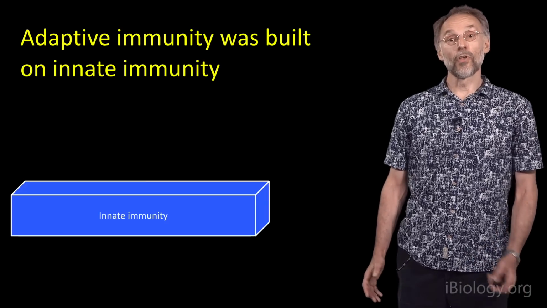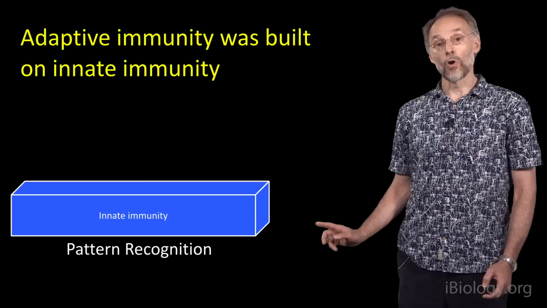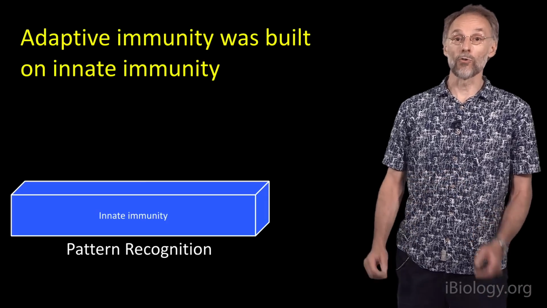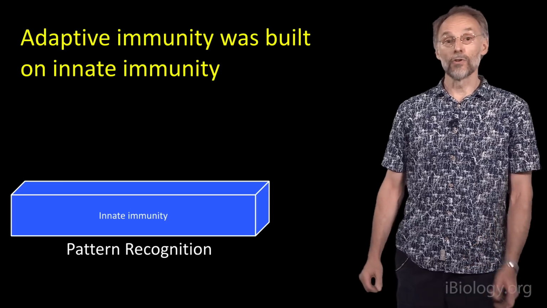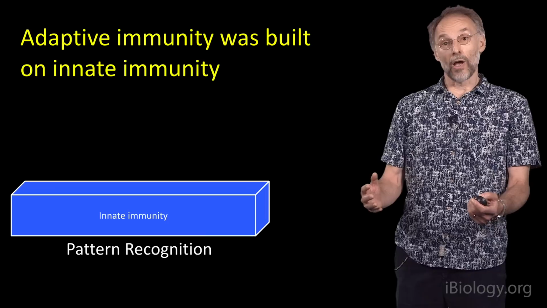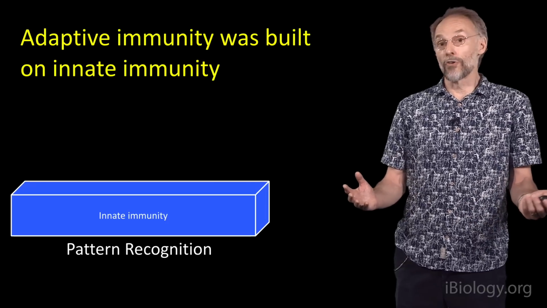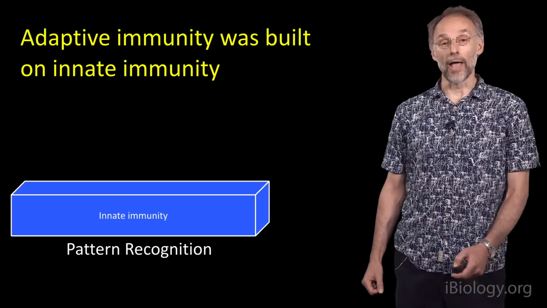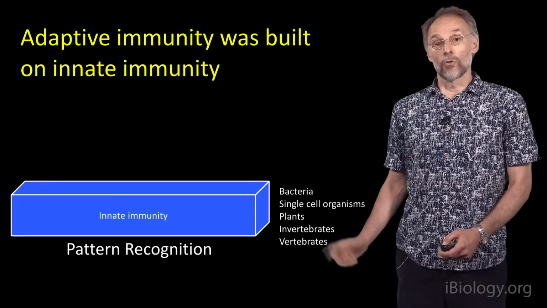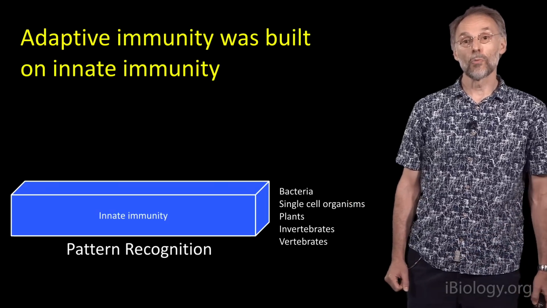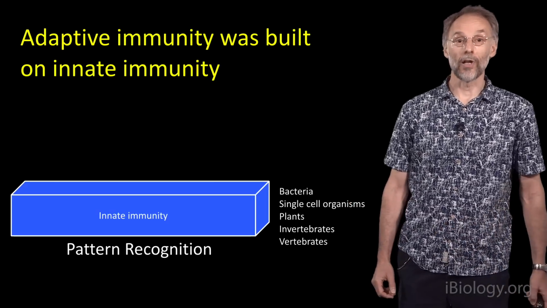When these are breached, there are a variety of induced so-called pattern recognition responses, like that picture of the Drosophila before. That was where this was first genetically defined. So innate immunity is effective against many organisms that would attempt to attack a larger animal. It's prevalent in bacteria, single-cell organisms, plants, and invertebrates like us, of course.